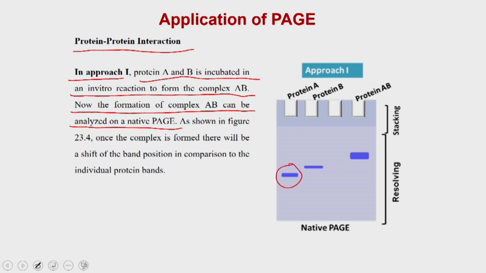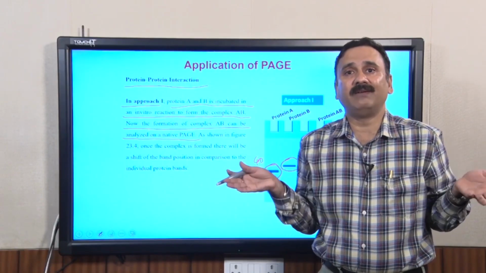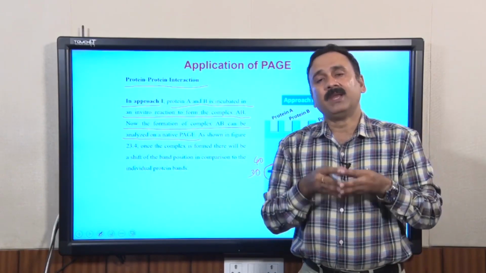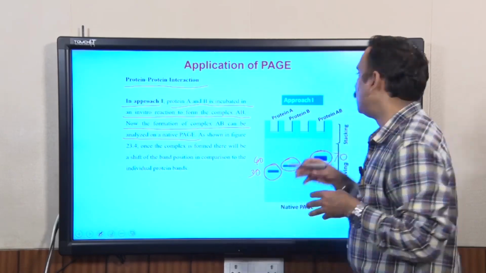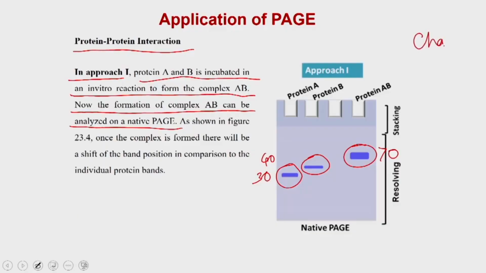Protein A is 30 kilodalton, protein B is 40 kilodalton, and what you see is that it has formed a complex of 70 kilodalton. But the electrophoretic mobility is not in proportion to the 70 kilodalton, because it is running based on charge by mass, since we are running a native PAGE.